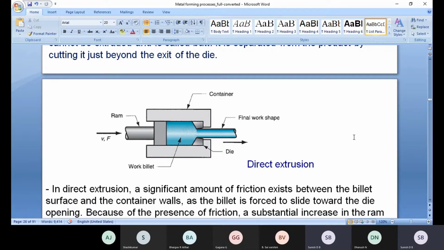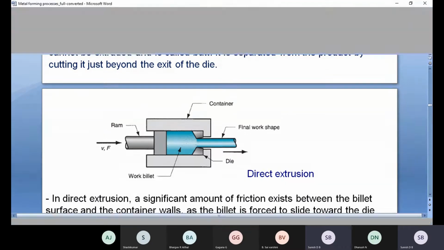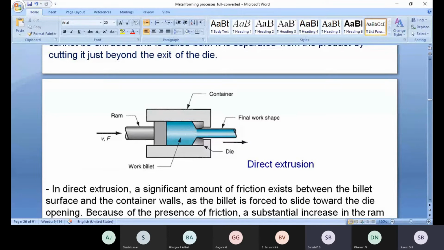Billet is nothing but the workpiece. At one end of the container a small opening is there, and the dies are mounted at the container's end.